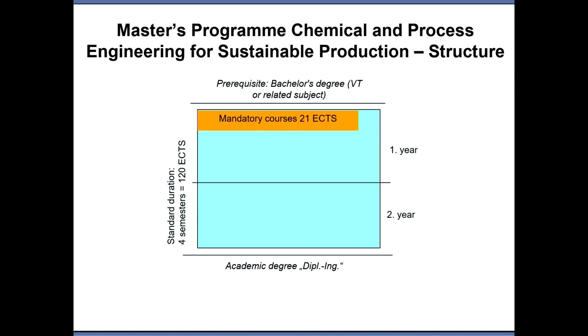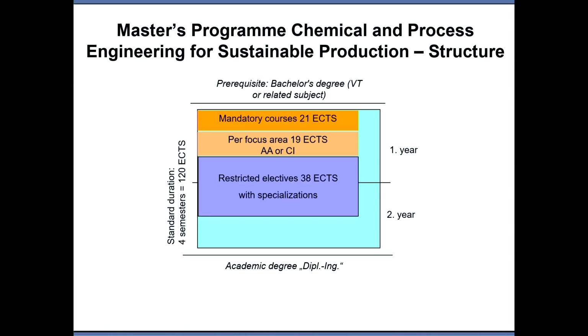We have a relatively small amount of mandatory courses with 21 ECTS, which is for the basics. There are 2 focus areas where each student has to choose one of them, with 19 ECTS, and there is a large amount of restricted electives.